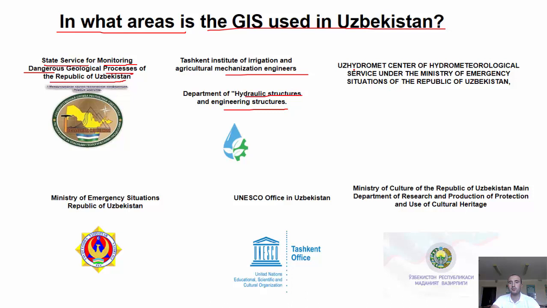The next one, Uzhydromet Center and Hydrometeorological Service, and the Ministry of Emergency Situations of the Republic of Uzbekistan. And next, UNESCO office in Uzbekistan, and lastly, the Ministry of Culture of the Republic of Uzbekistan, main department of research and production of protection and use of cultural heritage.